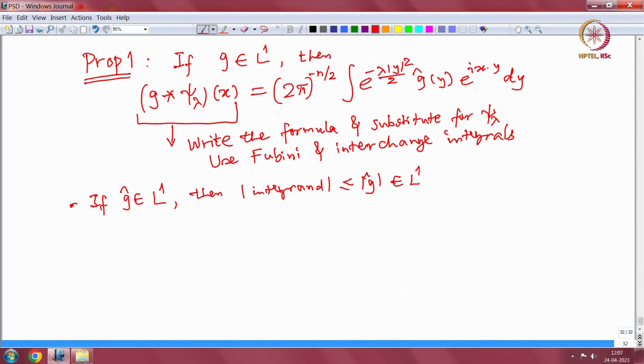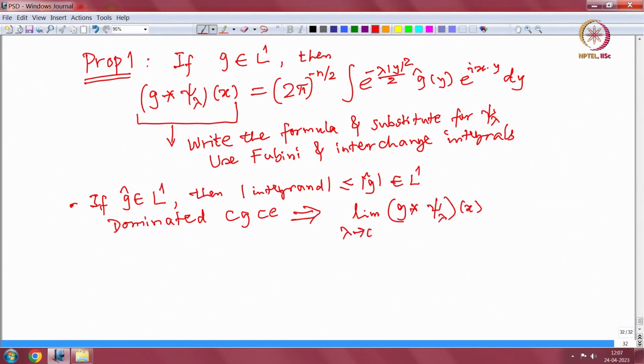So we can use dominated convergence, which implies the limit of g star psi lambda of x as lambda tends to 0 is equal to, since the integrand converges to g hat of y e to the i x dot y, 2 pi to the power minus n by 2 times the integral of g hat y e to the i x dot y dy.